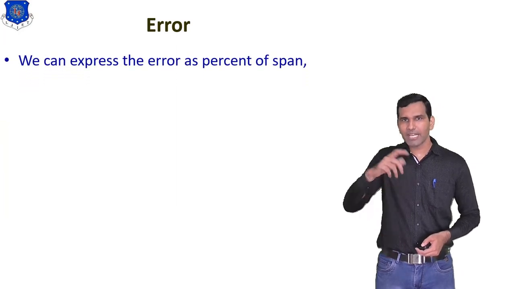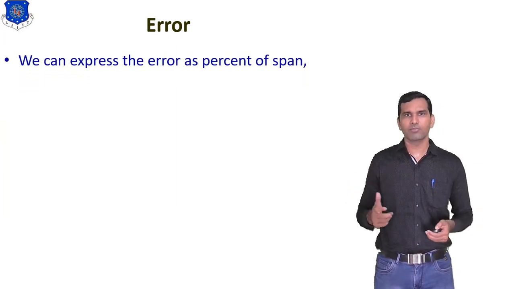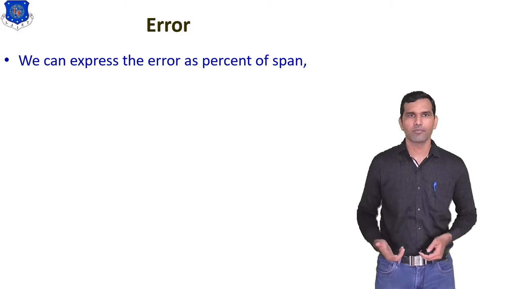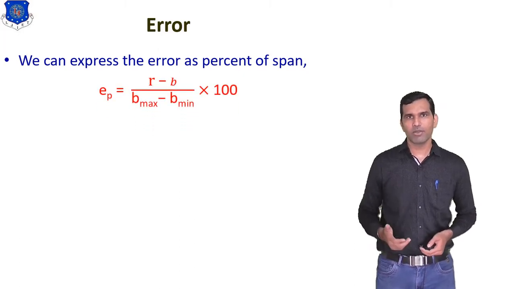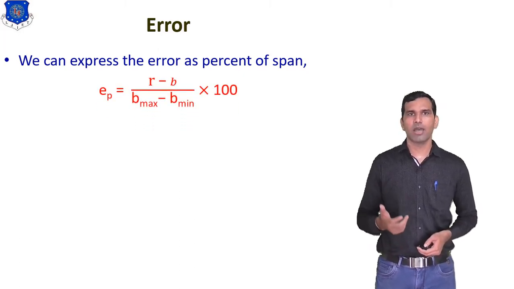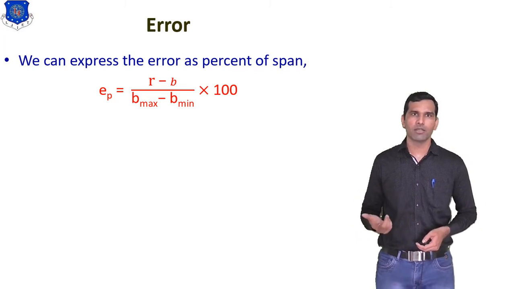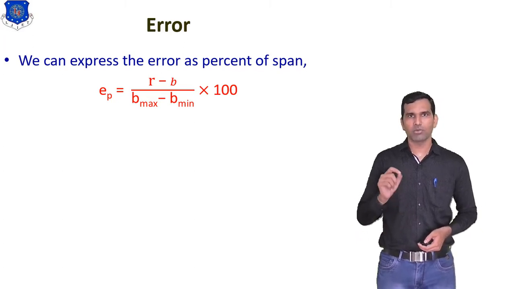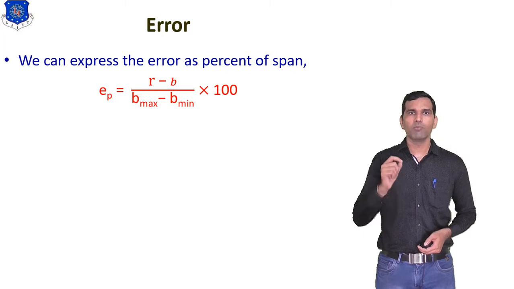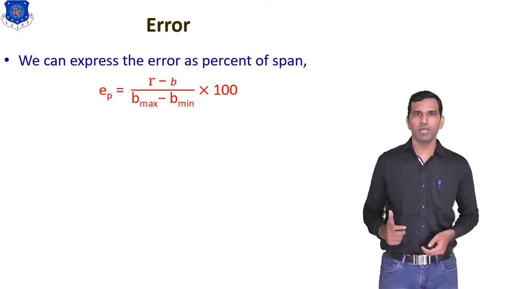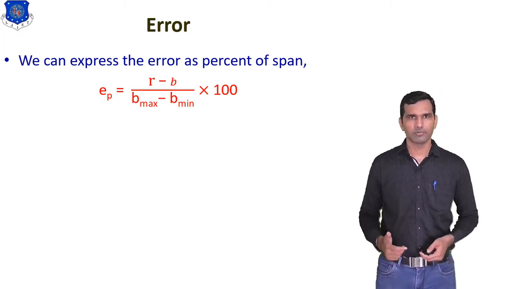Now we can express the error as a percentage of span. By using this equation, we can express the error as a percentage of span. That means Ep = (R - B) / (Bmax - Bmin) × 100.